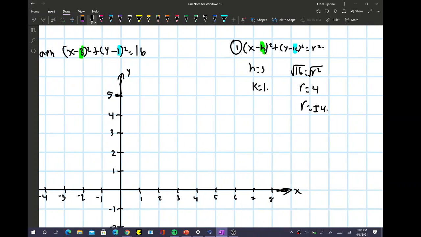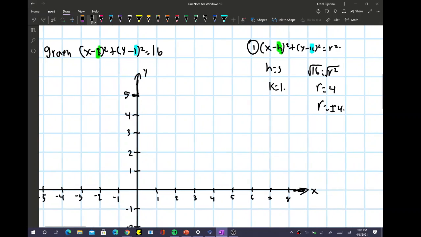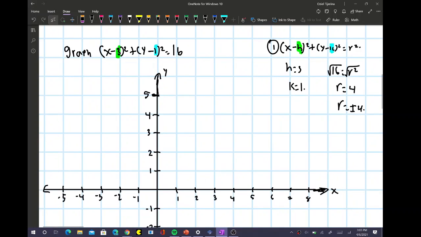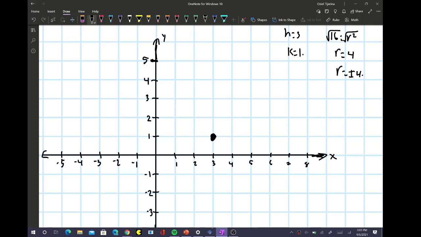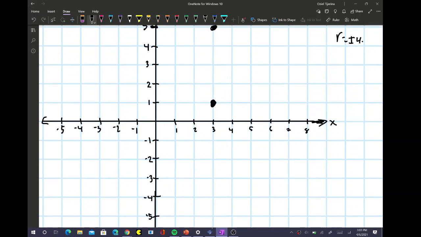So basically, once you have that, the center is (h, k), so you have (3, 1), right? This is your center. You're going to go up 4, so 1, 2, 3, 4. And then you're going to go down 4 from the center, 1, 2, 3, 4.